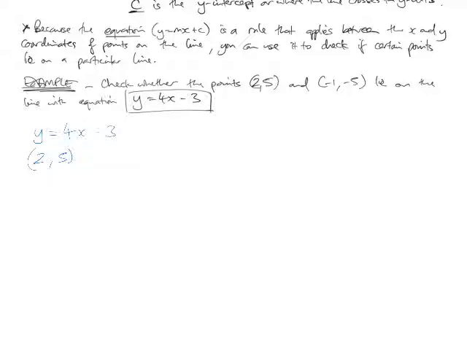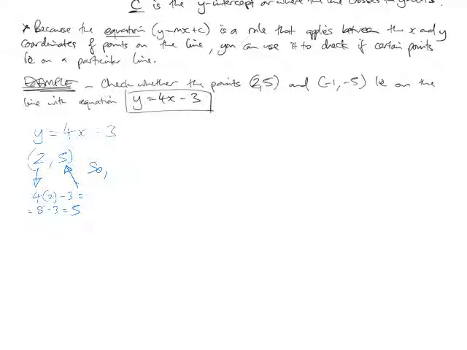This equation has to link 2 to 5 correctly. If you do 4 times 2 take 3 equals, 4 times 2 is 8, take 3 equals 5, so that's correct. That tells you the y.